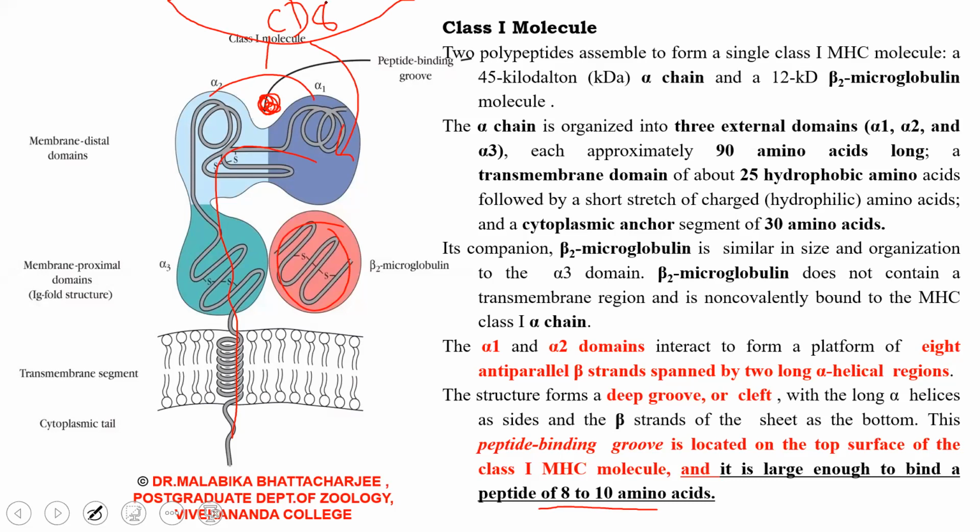MHC class 1 molecule is present on the surface of all the normal cells of the body. They are usually not always upregulated. They are only upregulated if a normal cell is infected. If a normal cell is infected and if there are abnormal proteins being produced in the normal cell, these abnormal proteins are then broken down, and 8 to 10 amino acids of the most foreign part is then selected and exposed to the surface with the help of MHC class 1 in their peptide group.